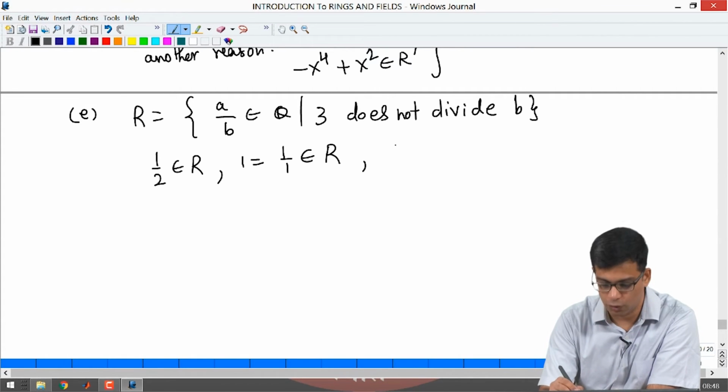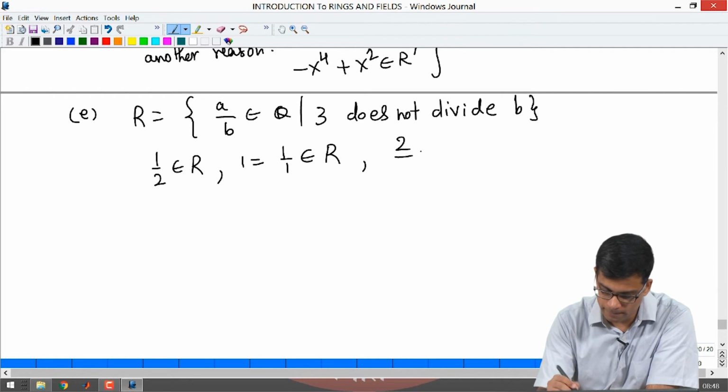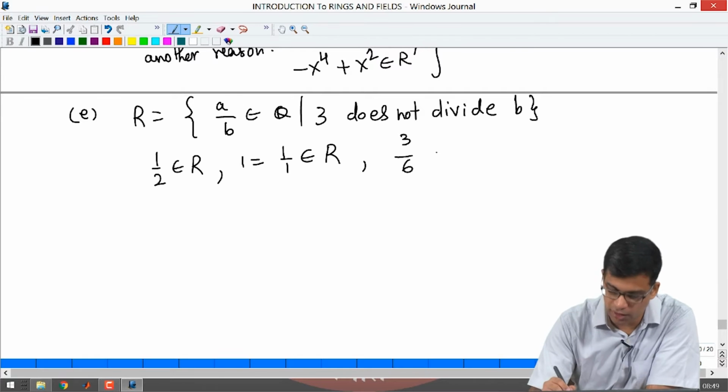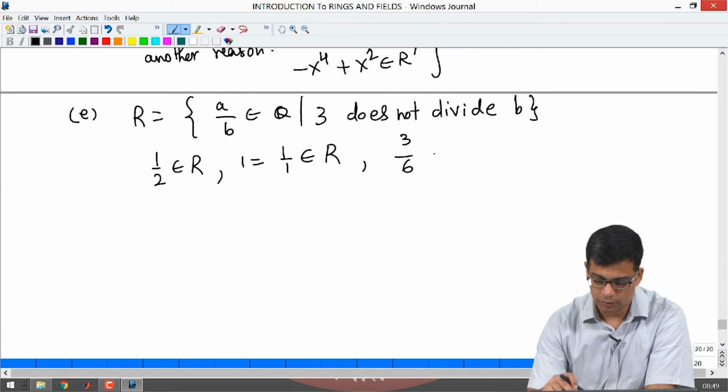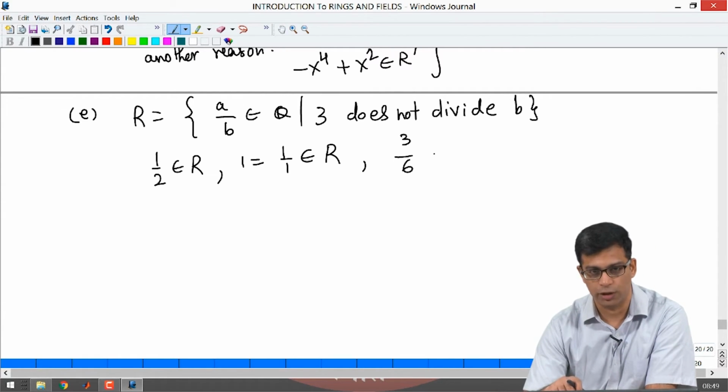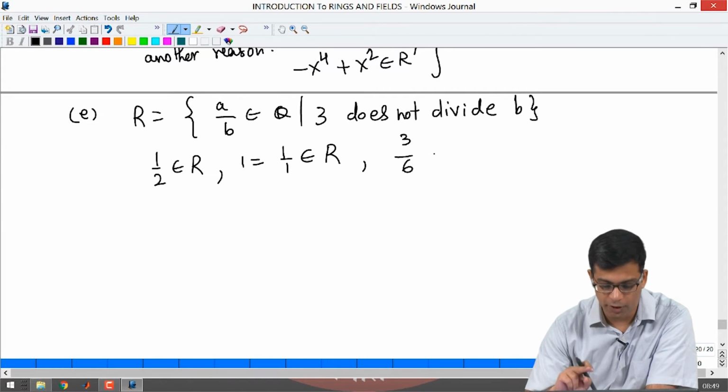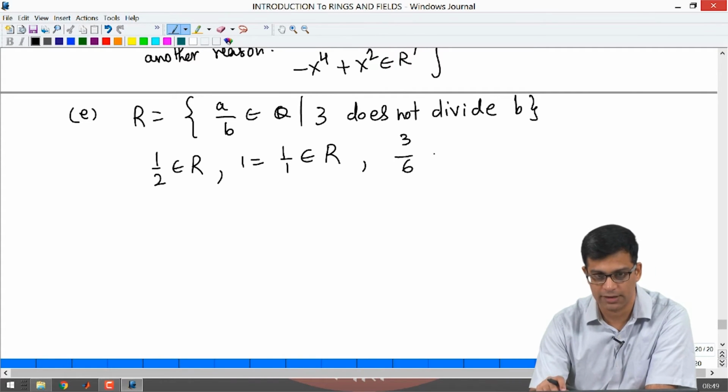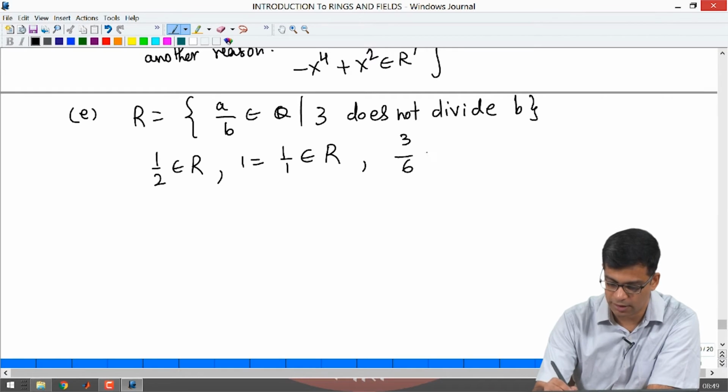On the other hand, let us take 3 by 6, is it in R? If you think about it, 3 divides 6, so it looks like it is not in R, but remember, before you can check whether 3 divides the denominator or not, you have to cancel the common factors.